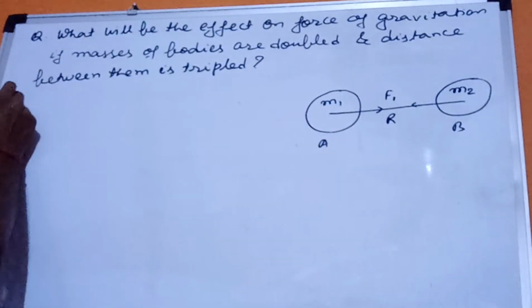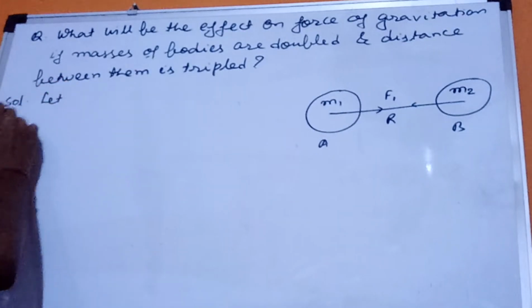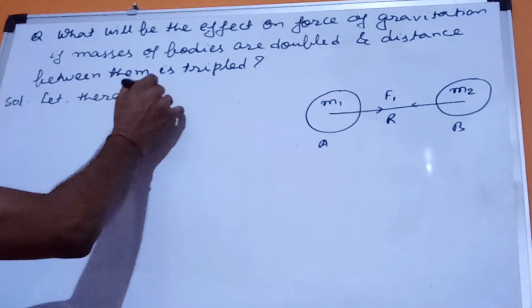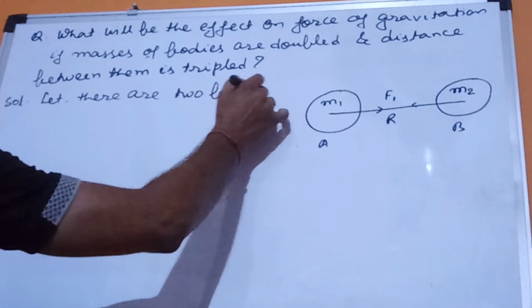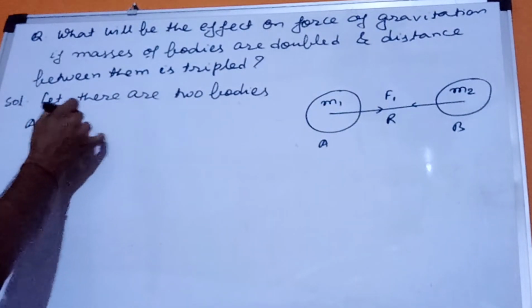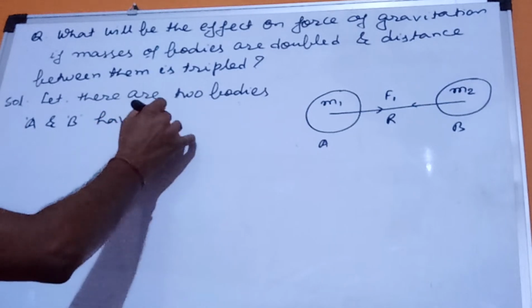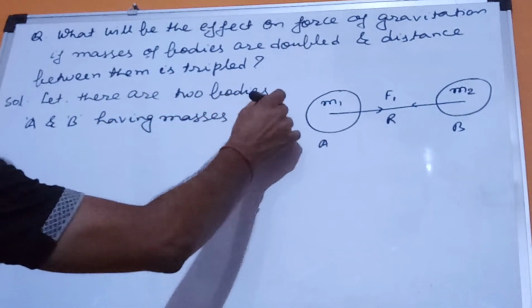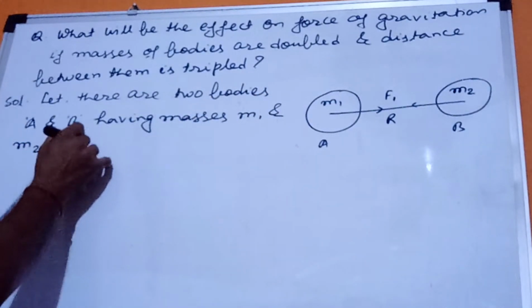What I have said: Solution. Let us suppose there are two bodies A and B having masses m1 and m2 respectively.